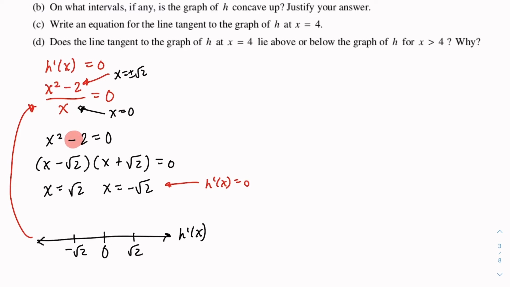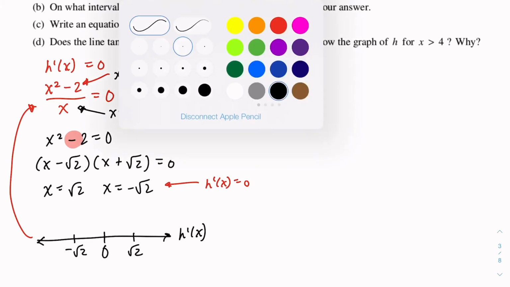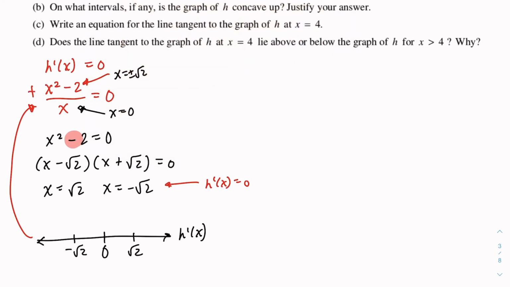Now, we know that the derivative is undefined at 0, but still our graph will behave uniquely around these values. Since it's positive on the left, we're going to start here positive. At positive radical 2, the factor above it has an exponent of 1, so we'll flip. At x equals 0, we have an exponent of 1 as well, so we'll flip. And then at negative radical 2, we have the same situation.